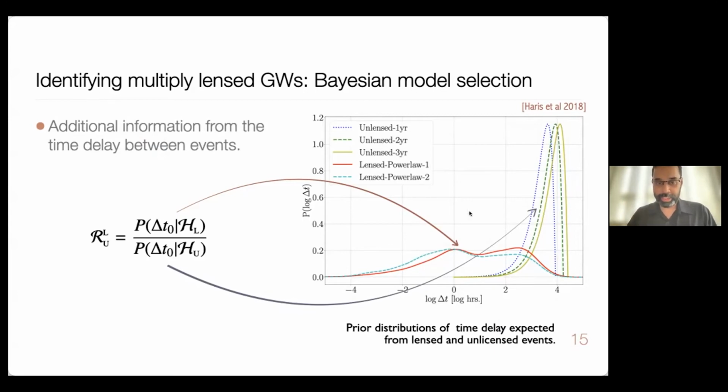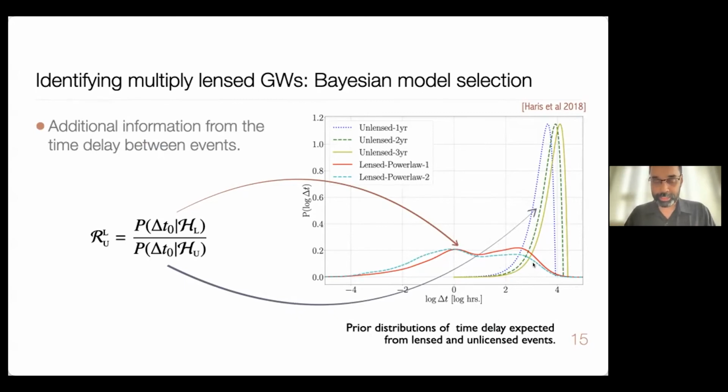Of course it depends a lot on the assumed properties of the mergers and so on, but they broadly follow similar shapes. So here, for example, this red shape shows the distribution of the logarithm of the time delay in hours between the two magnified images of lensed events, according to certain assumed properties of binary black holes.